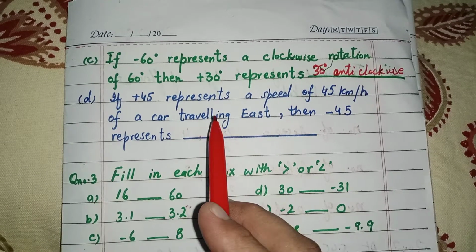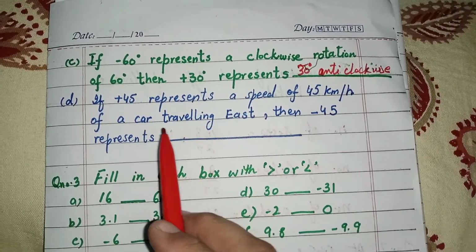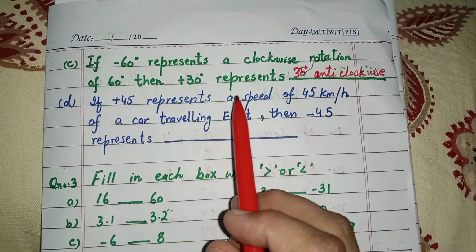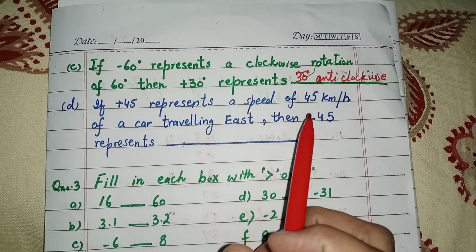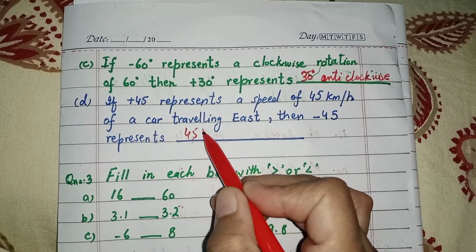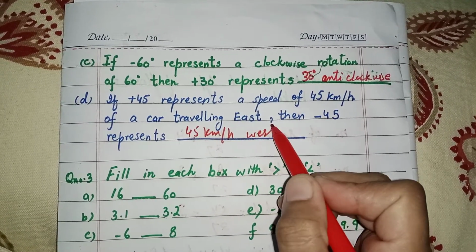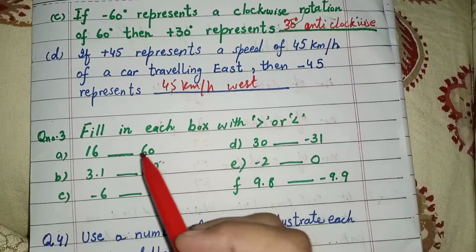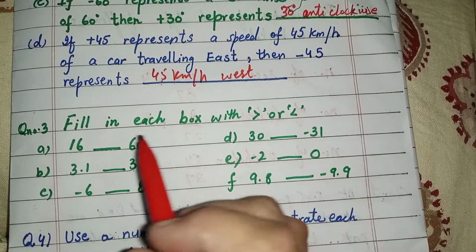If plus 45 represents a speed of 45 km per hour of a car traveling east, then minus 45 represents, plus and minus are opposites, so minus 45 represents 45 km per hour in the west, because east and west are opposite in direction.